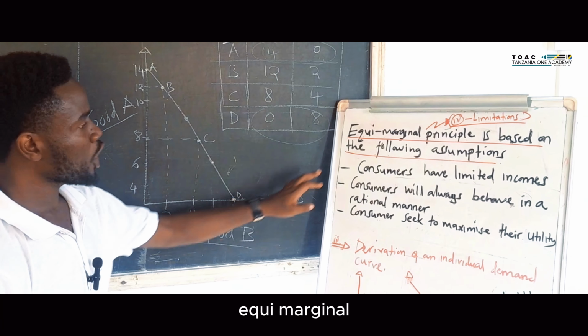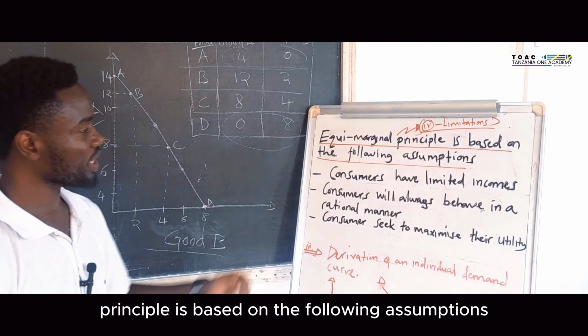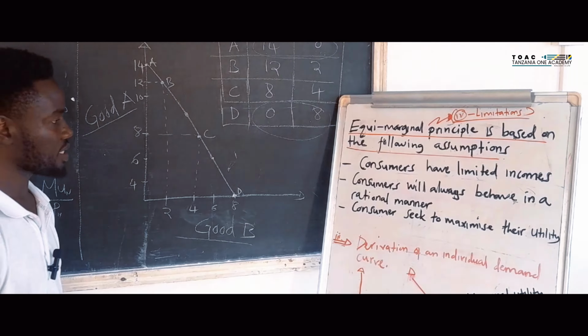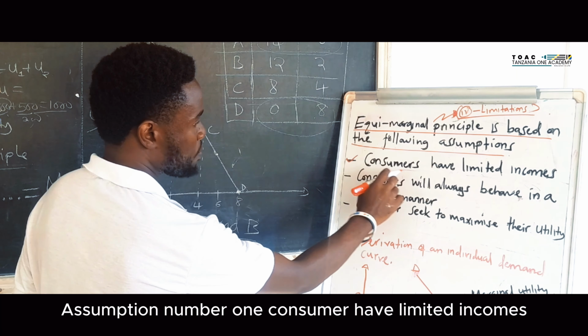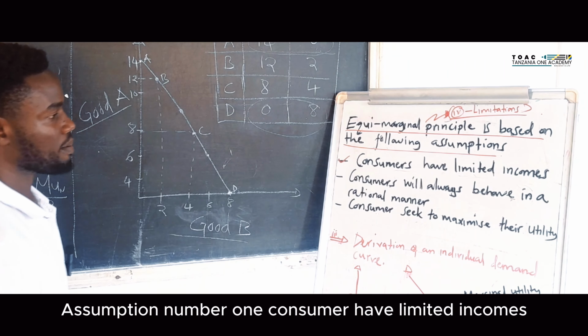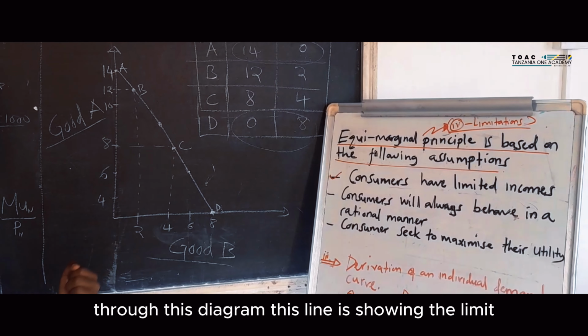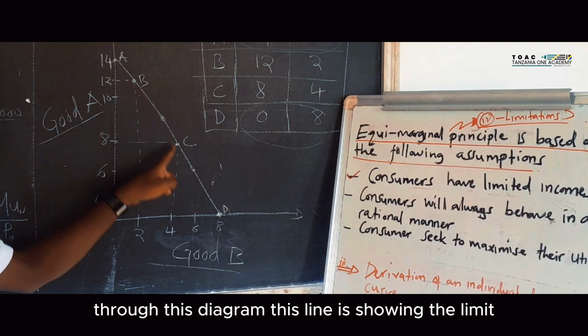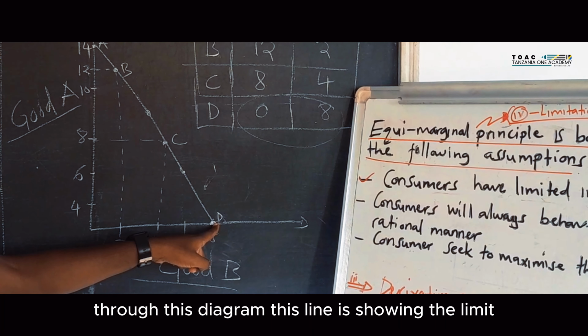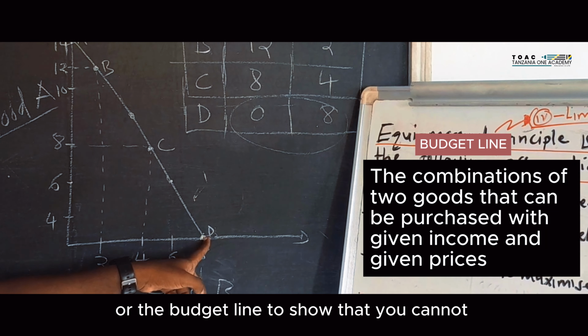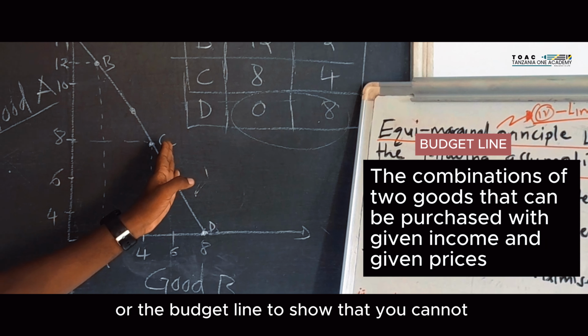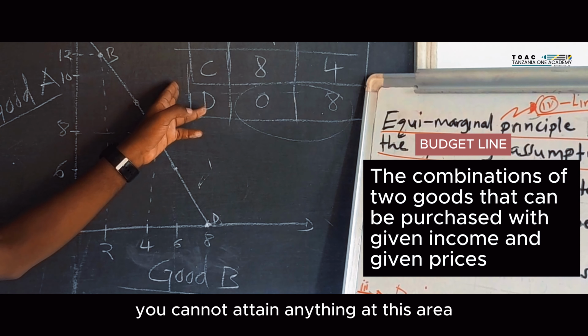Okay, so the equi-marginal principle is based on the following assumptions. Assumption number 1, consumers have limited incomes. As I tried to explain through this diagram, this line is showing the limit, or the budget line, to show that you cannot attain anything in this area.